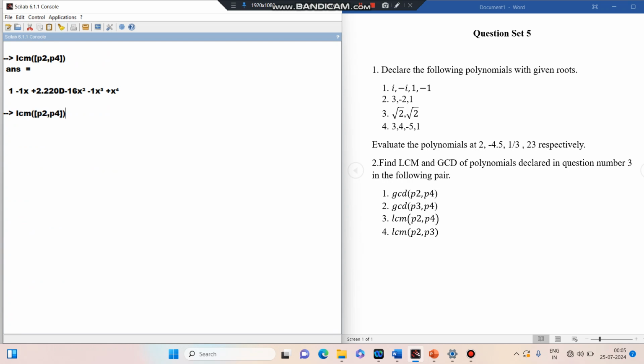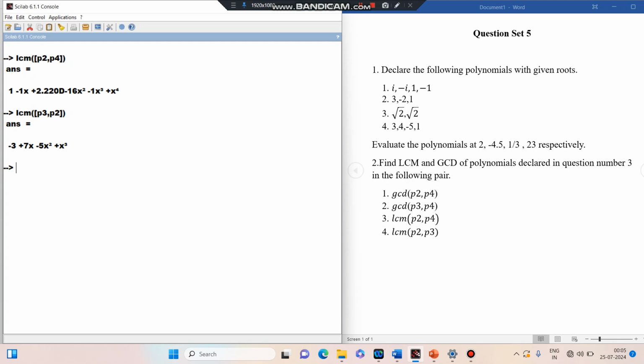Same way, LCM of P2 and P3. Other way around also you can do, P3 first and P2 afterwards. There is no difference. So let us evaluate this. So this is a degree 3 polynomial.